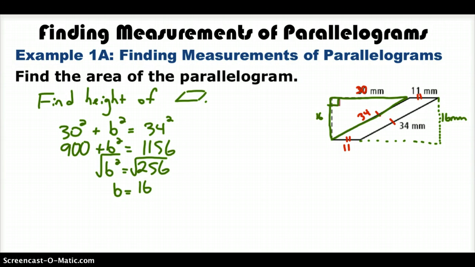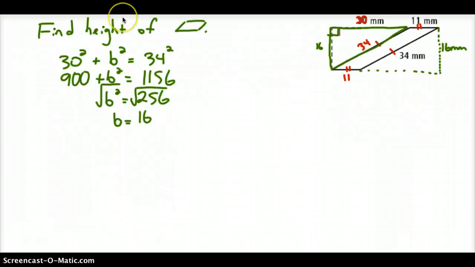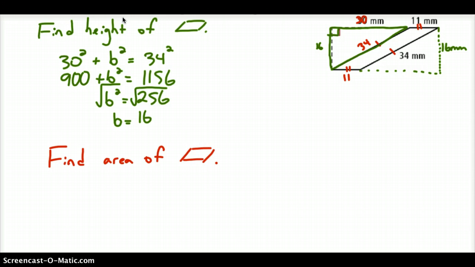So now this is really simple. I'm going to go ahead and calculate the area because now we know the base of the parallelogram and the height of the parallelogram. So I'm going to say find the area of the parallelogram. Well, the area is just going to be equal to the base times the height, which we know both of those. So the area is equal to the base, which is 11, times the height, which is 16.